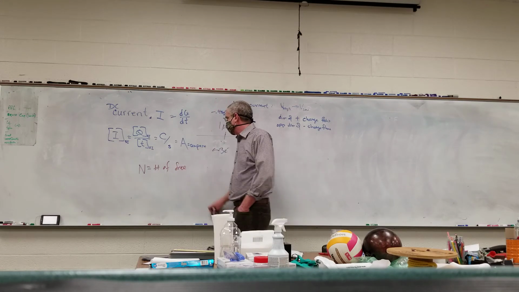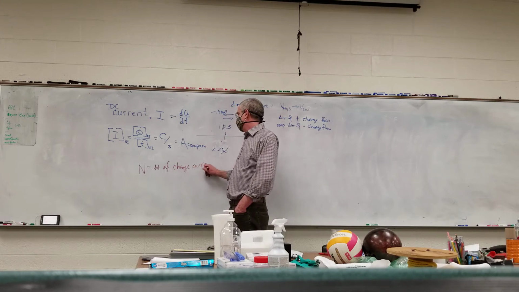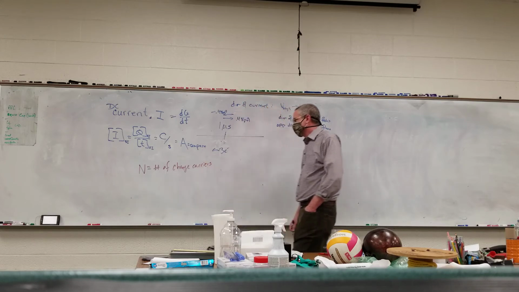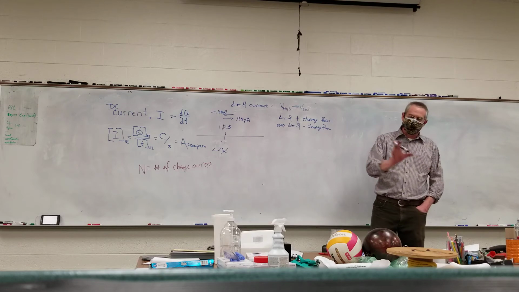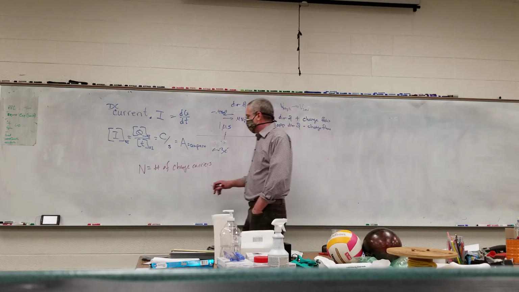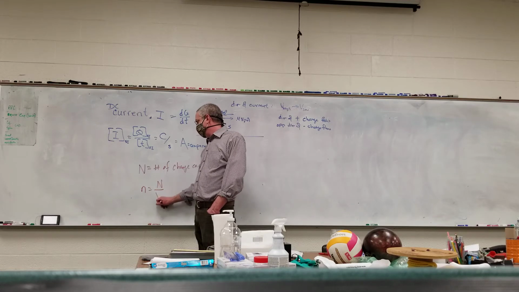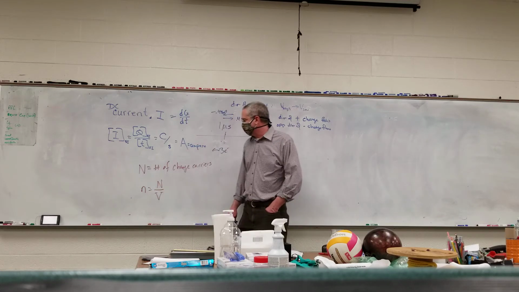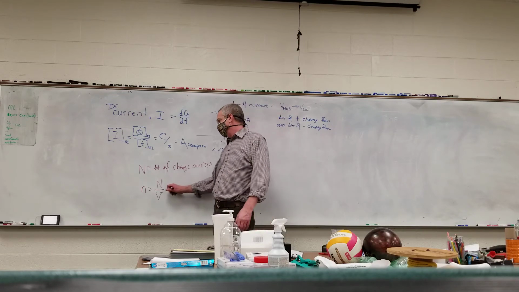All right, so probably charge carrier is a better word. Number of charge carriers. That's pretty much the same thing as I had before. I just give it a slightly different name. Lowercase n is the charge carrier density. It's the number of charges per unit volume, not the charge per unit volume.